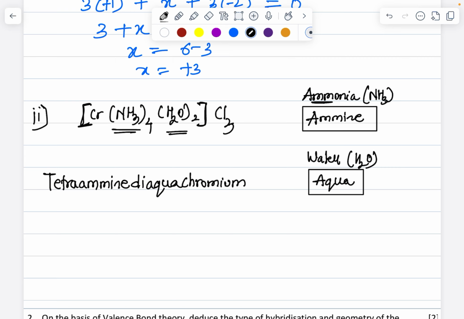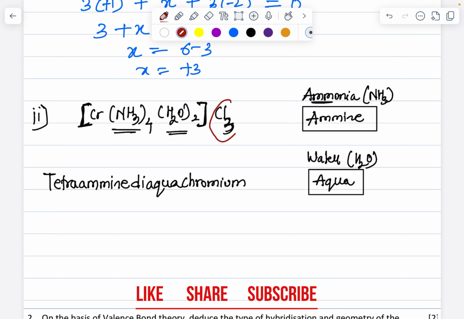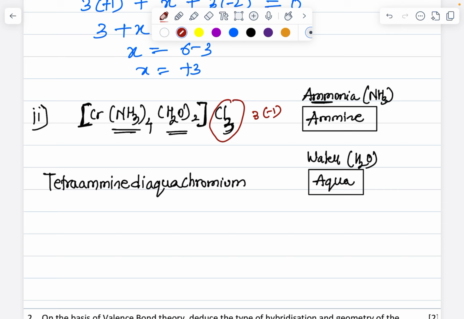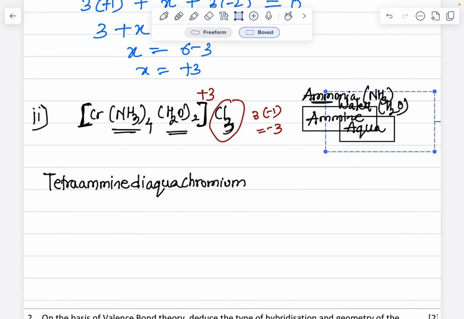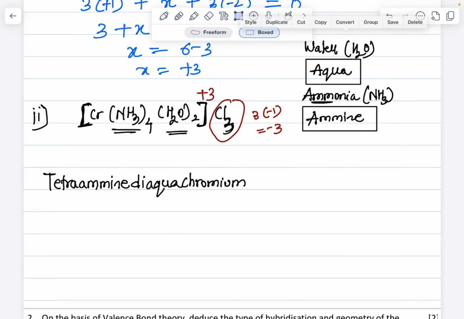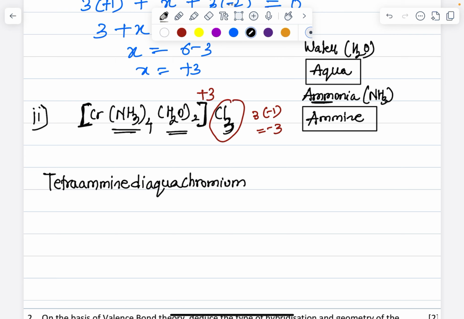Can you comment it in the comment section? Because this is a positive coordination sphere, because there is 3Cl. The contribution of this will be 3 into minus 1, which is equal to minus 3. So this is plus 3. Positive coordination sphere, that's why. Therefore, I have to write the oxidation state also of the chromium.